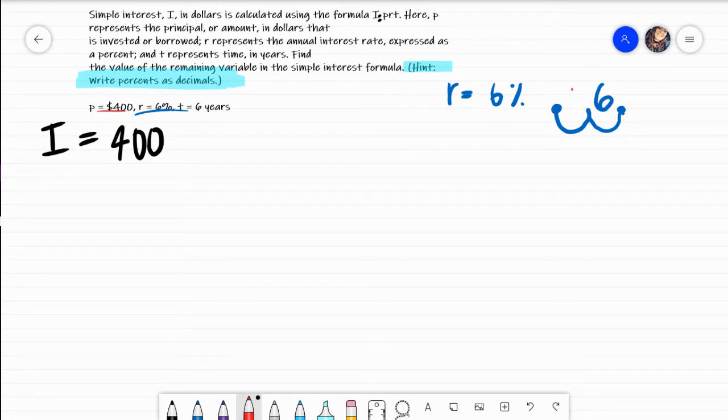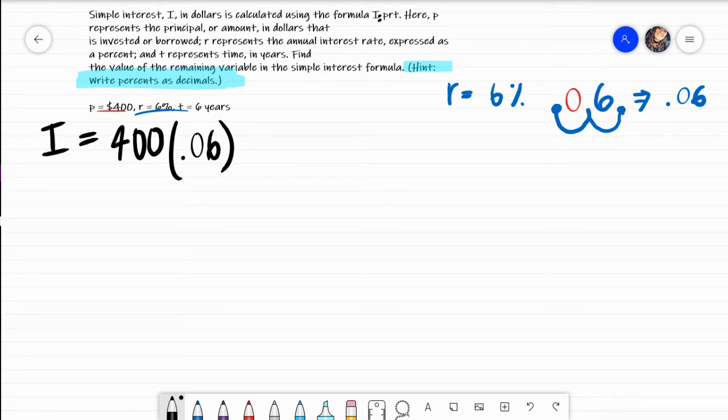Do you see how I have that opening right there? That gets filled in with a 0. So 6% is written as the decimal 0.06. That's saying 6/100, so it is 6%. Whenever you plug it in here, you need to make sure that you write it as 0.06.